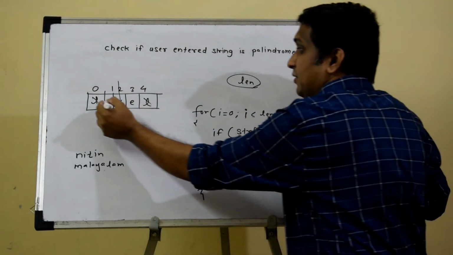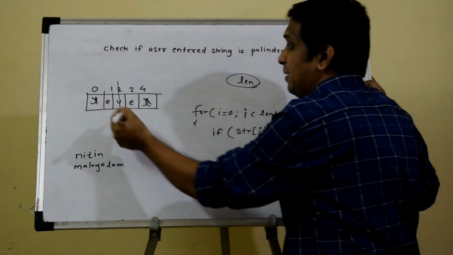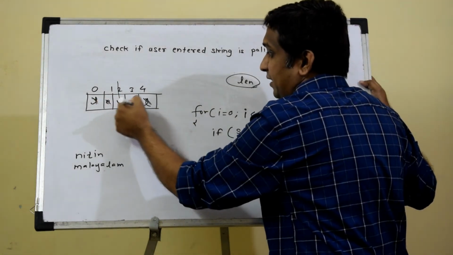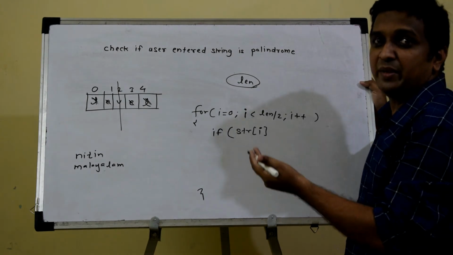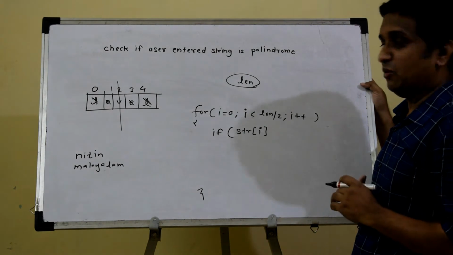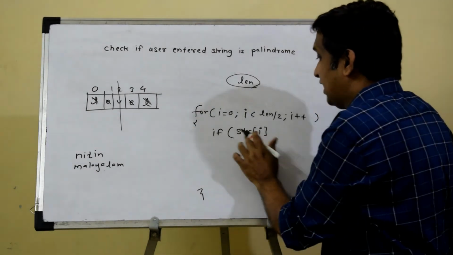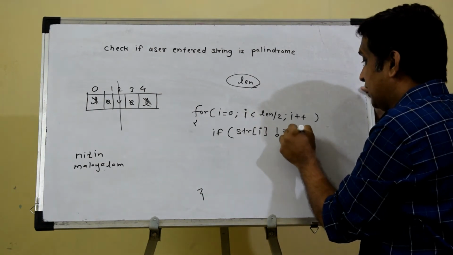Now when I compare, if the characters are the same, then I will go ahead to compare the next pair of characters. But if the characters are different, then there is no need to compare ahead, because once I get a different pair of characters, that means it is not a palindrome string. So I will check if str of i not equals str of len minus i minus 1.